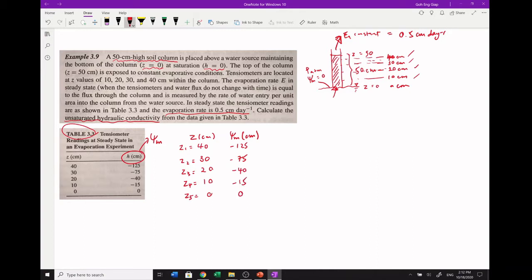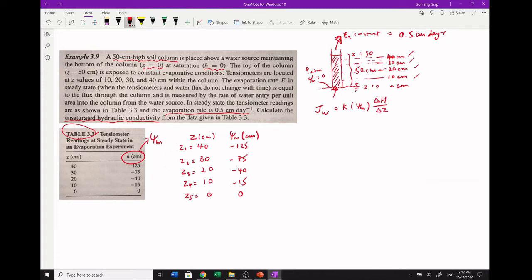All right, to find this unsaturated hydraulic conductivity, we need to know that the flux q equals K, the unsaturated hydraulic conductivity, multiplied by the change of hydraulic head.